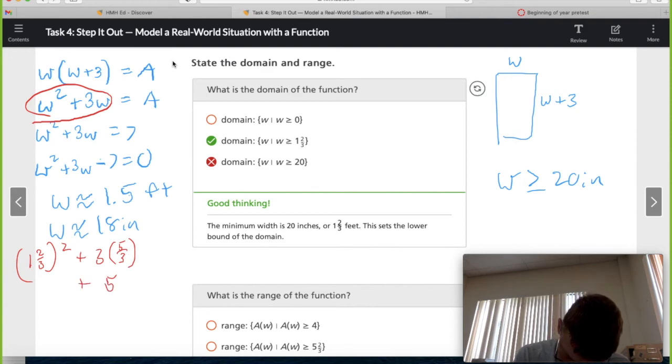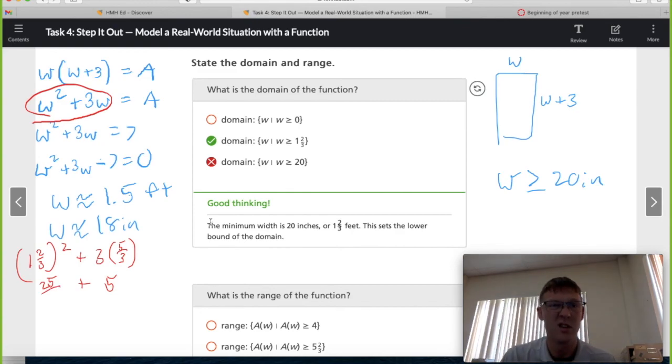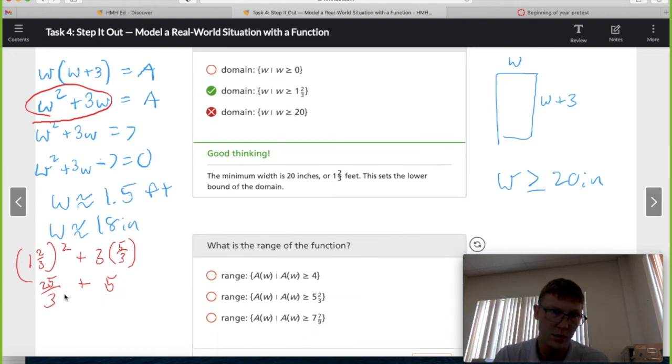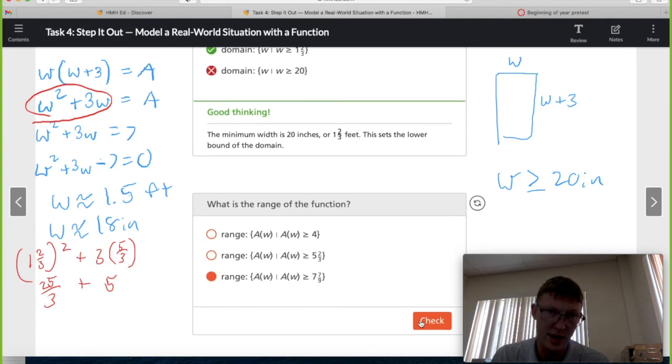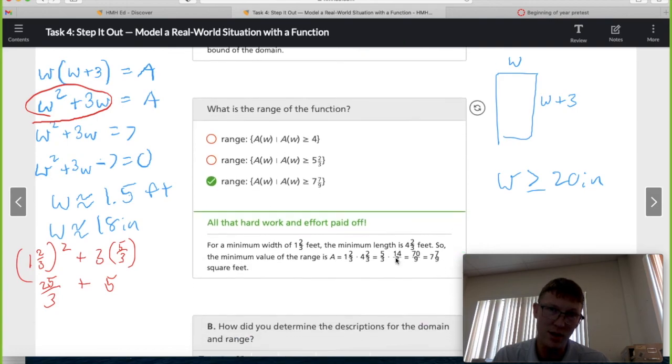So that's going to be 25 over 3. Over 3, there we go. And then whatever that equals. So we're gonna try that one, see if it works. Yay, look at that.